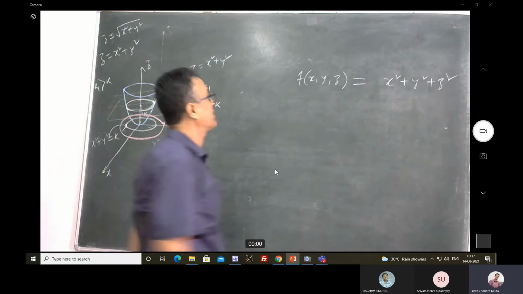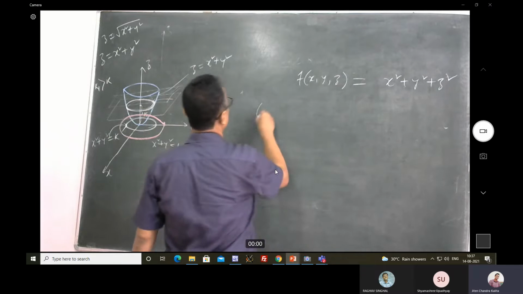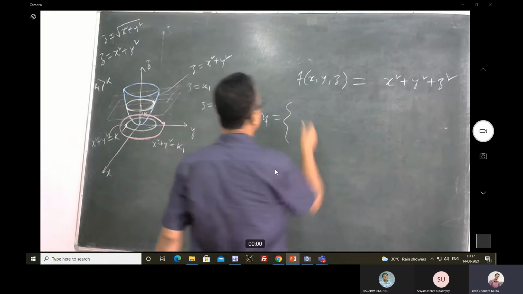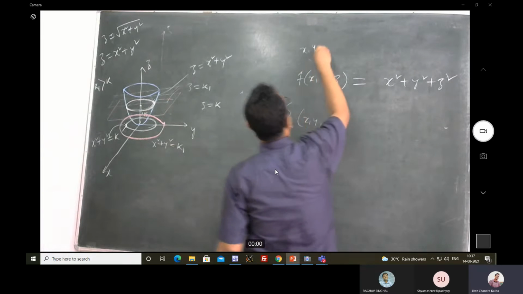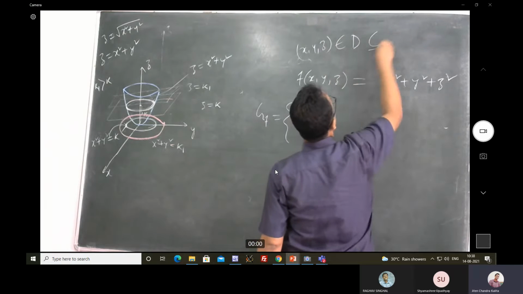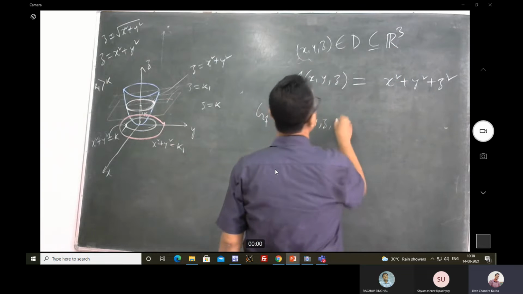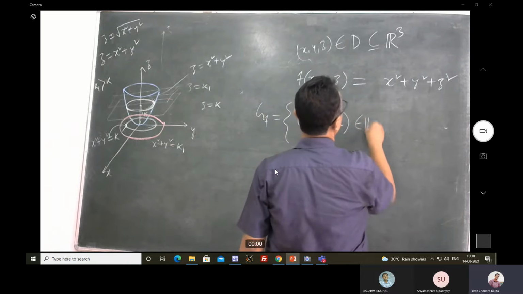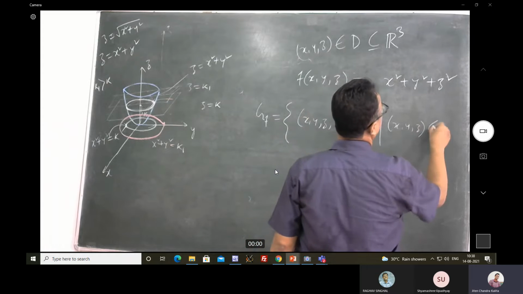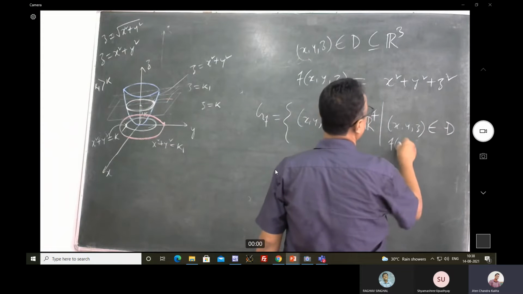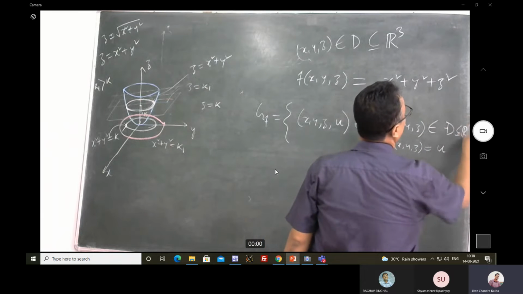So now, obviously, you know that if I want to find the graph of this function, it is going to consist of, suppose (x, y, z) belongs to some domain D in R3, then it is going to be the set of (x, y, z, u) belonging to R4 such that (x, y, z) belongs to D and f of (x, y, z) equals u, and D of course is a subset of R3.